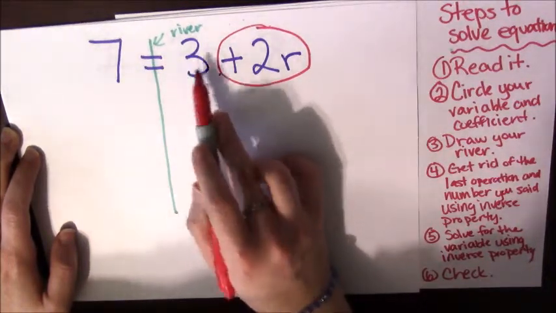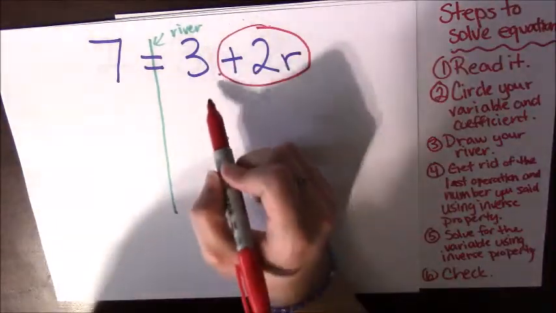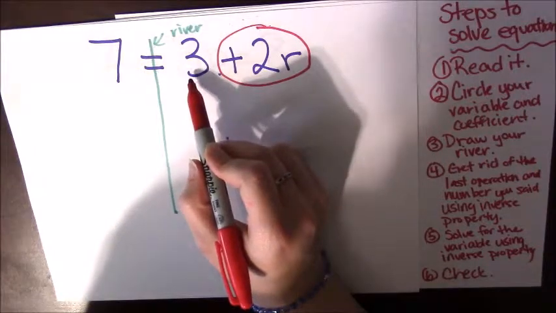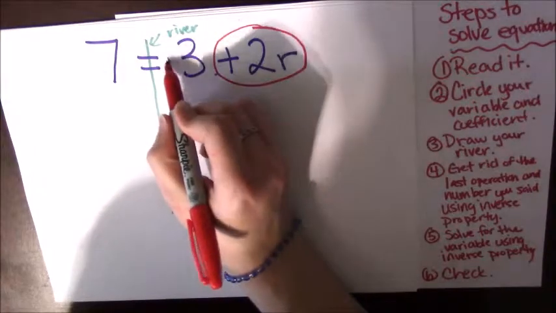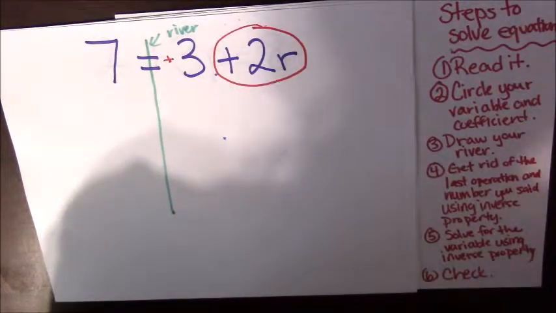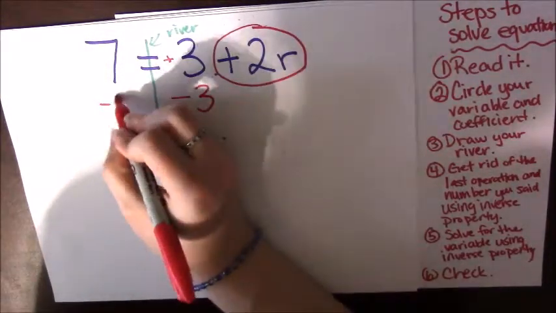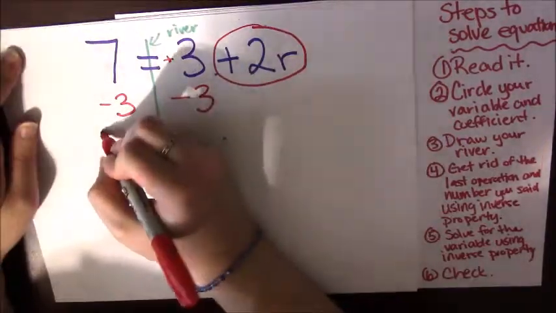How in the world am I going to do the inverse property to get rid of the 3? Here, the 3 is positive. There's an invisible plus sign. There's always an invisible plus sign in front. So it's positive 3. So the opposite of positive 3 must be negative 3. So I subtract 3 from both sides.